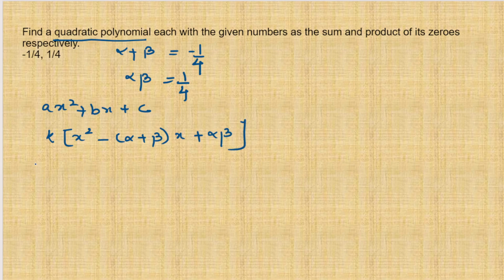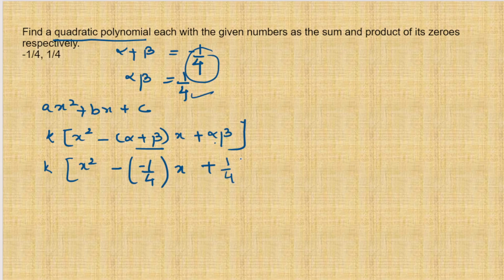Now substitute the values. What is alpha plus beta? It is minus 1 by 4. Alpha beta is 1 by 4. So k times x square plus 1 by 4 x plus 1 by 4.